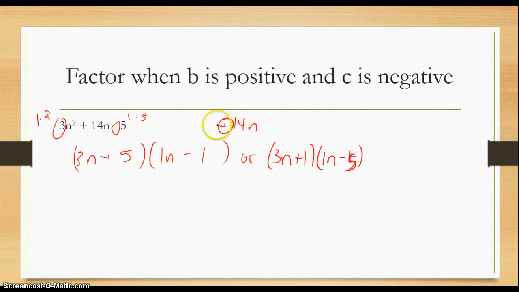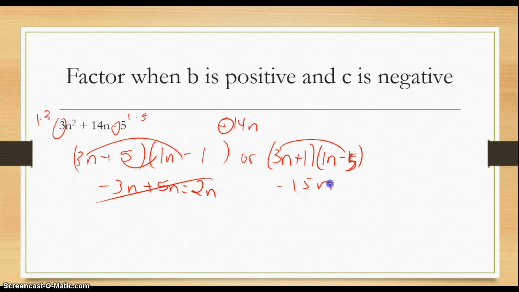So check this. We got negative 3n. Positive 5n gives me a positive 2n. So that one doesn't work out. So over here, negative 15n plus 1n gives me negative 14n.